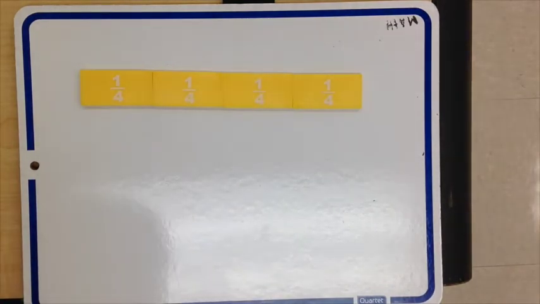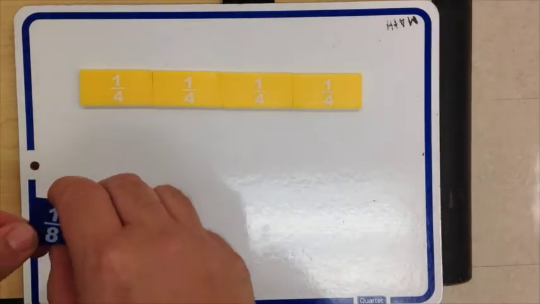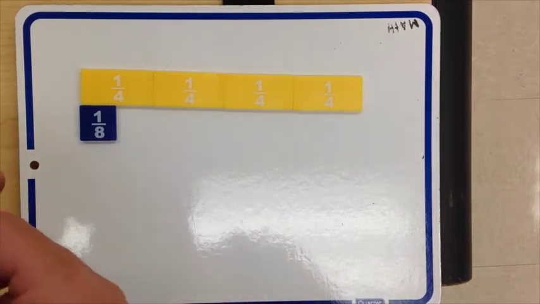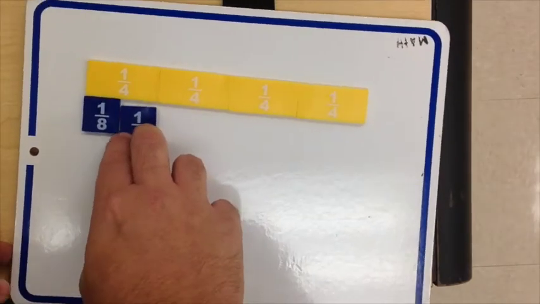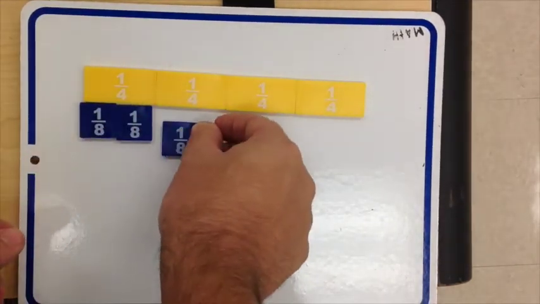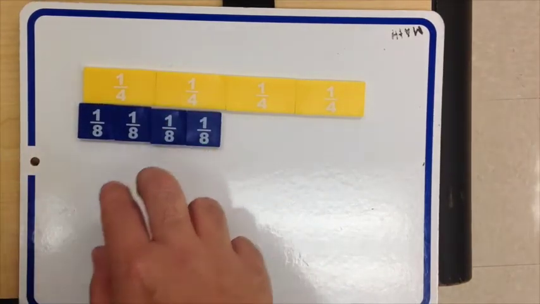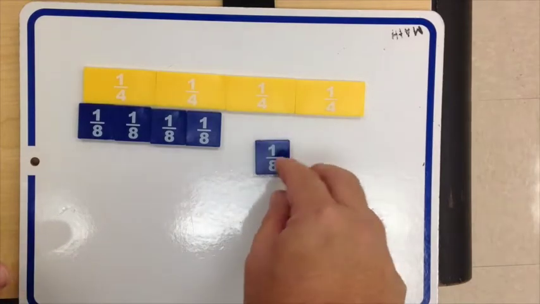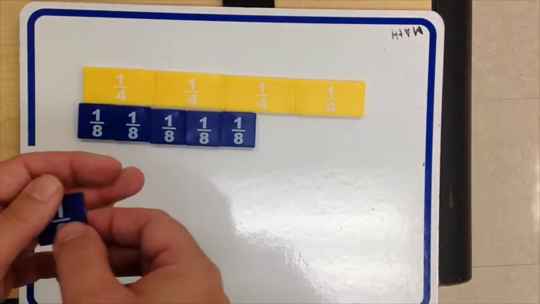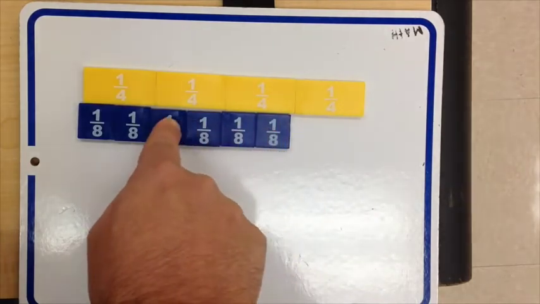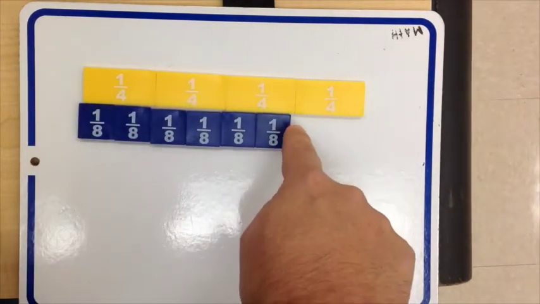Now I'm dividing it by 1/8. So I want to see how many 1/8 I can fit in 3/4. And as you can see, I can fit 6 1/8 in my 3/4.